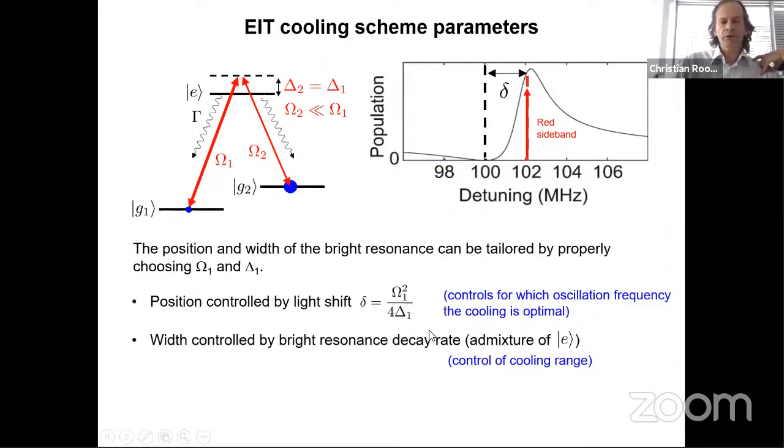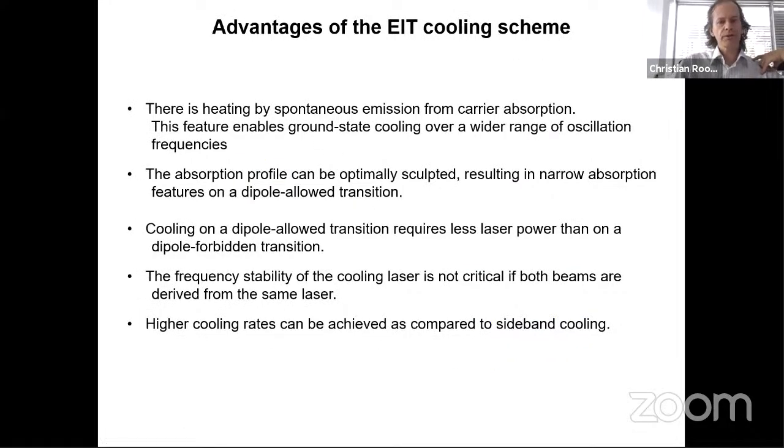And you can control the width of this bright resonance by playing around with the detuning that both lasers have from the upper state. And in this way, you can suppress spontaneous emission from this carrier absorption, and therefore, in principle, you get better performance than by a usual resolved sideband cooling scheme that involves just 2 levels.